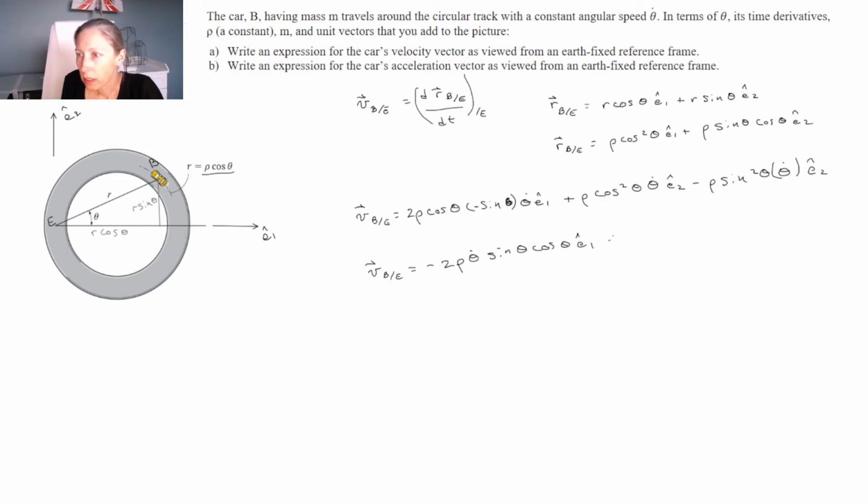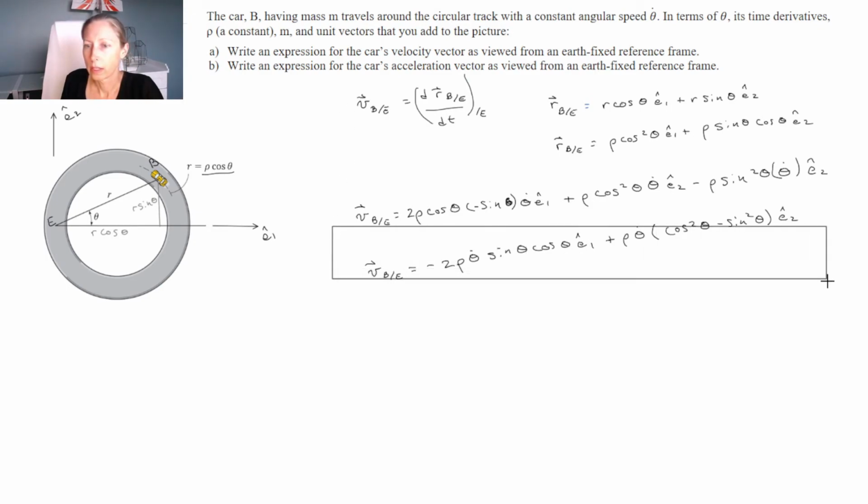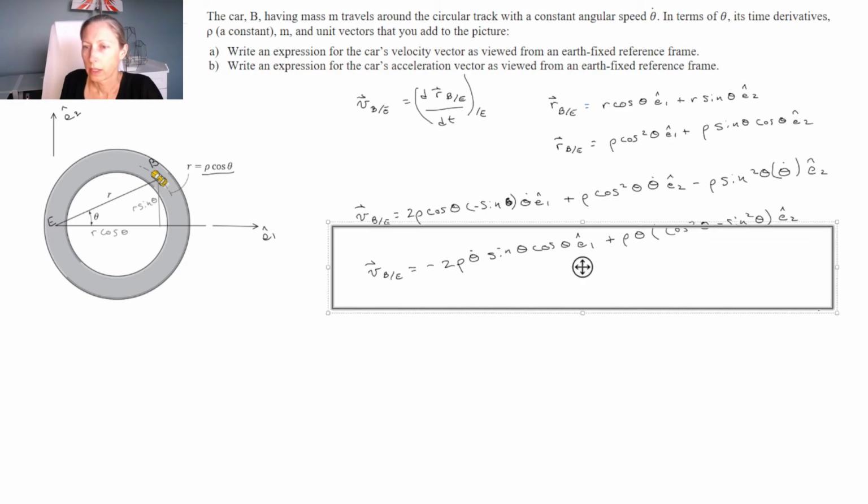And then for E2, I'm going to have plus rho theta dot times the quantity cosine squared theta minus sine squared theta E2. And that should be the right answer.